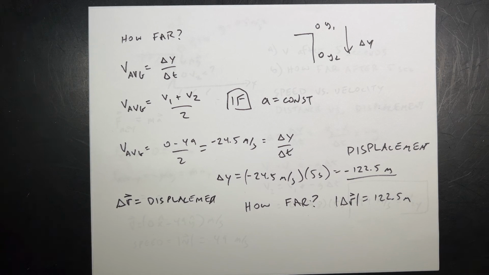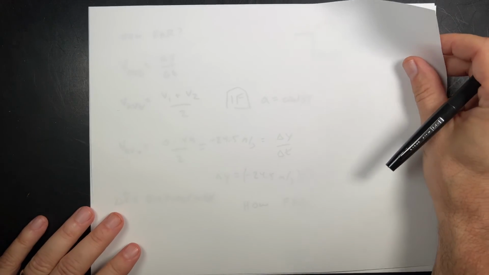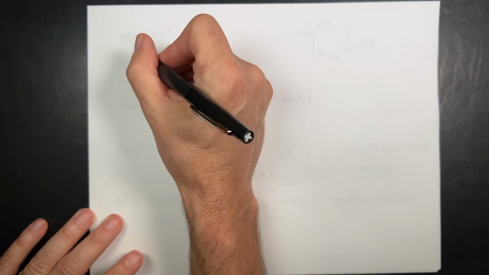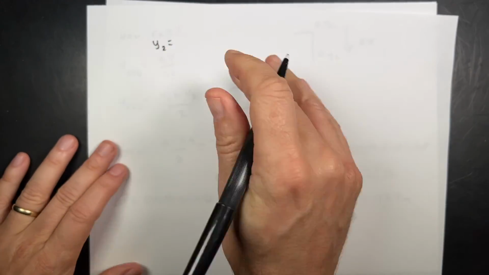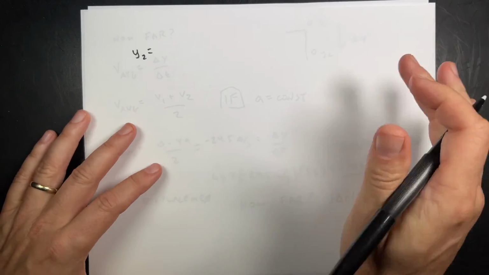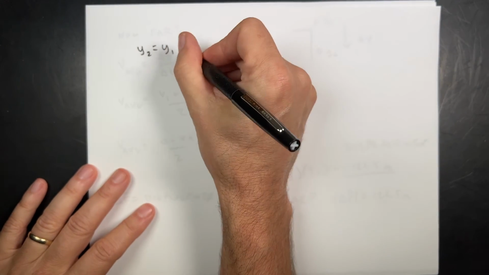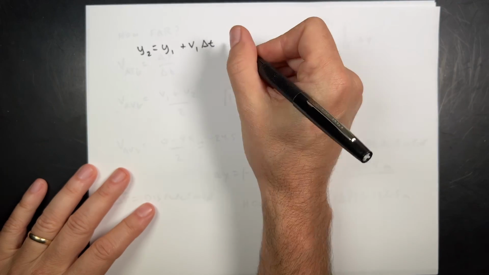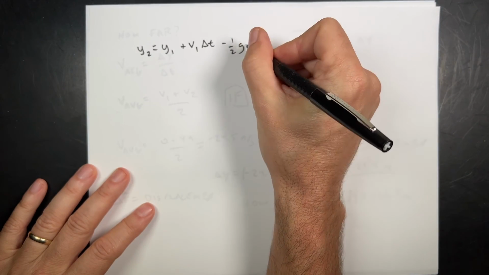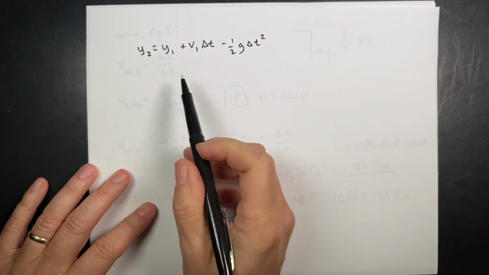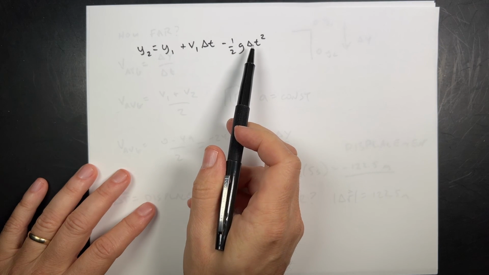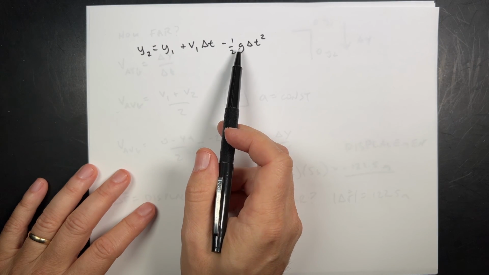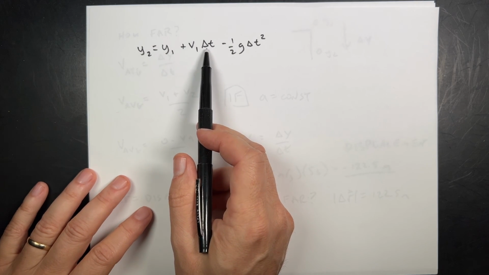Okay, I told you I would show you another way to find this, right? We can use the kinematic equation in the y direction. It looks like this, and I'm not going to derive this, okay? y2 equals y1 plus v1 delta t, minus 1/2 g delta t squared. You may see this with just a t and with an a there instead of a g, but I put in the acceleration is negative g, and technically this is a time interval.